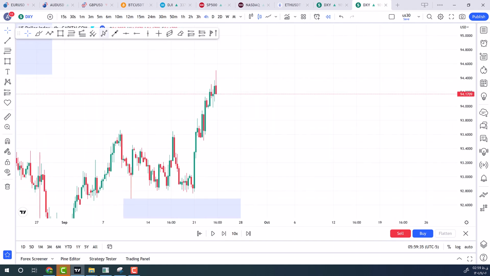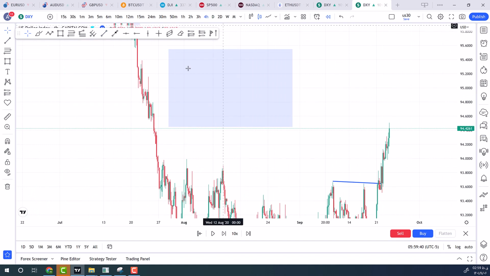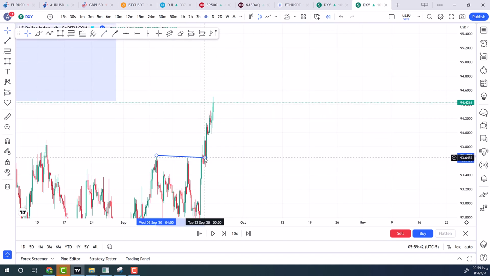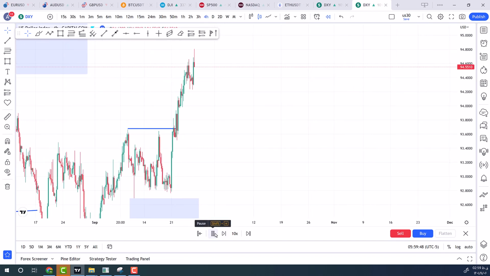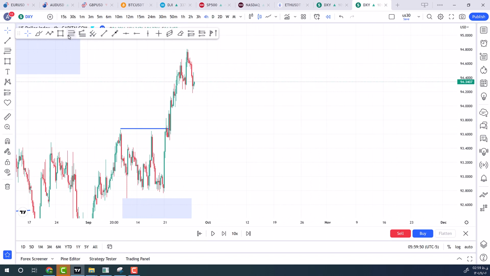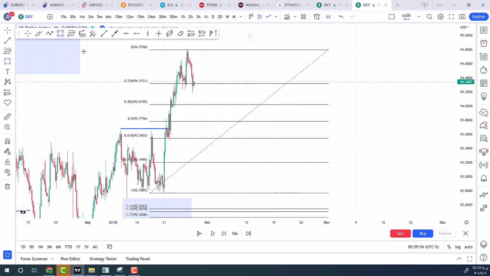It breaks this high, and it hit our box here, so any selling trades from that point are valid, and any buying trade from this leg is going to be valid too, from this point to this point. And this is our next box.